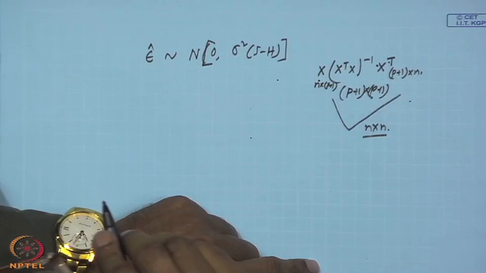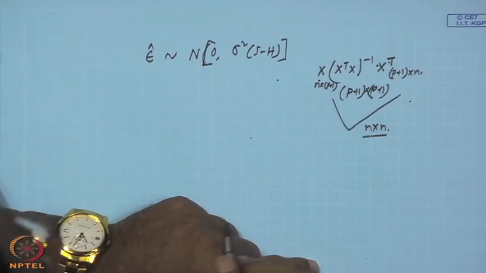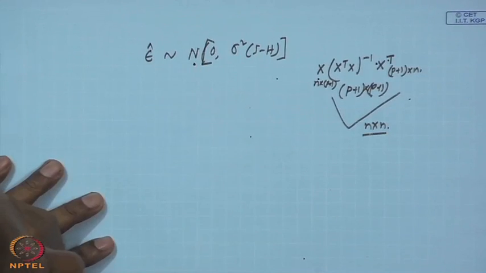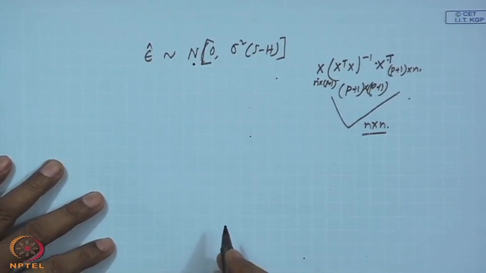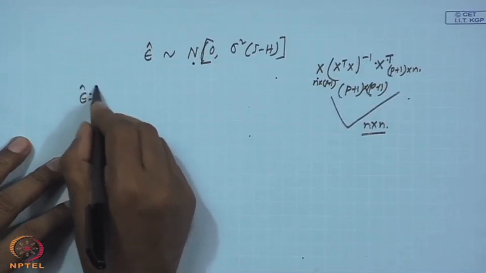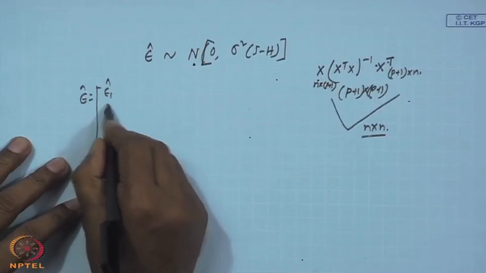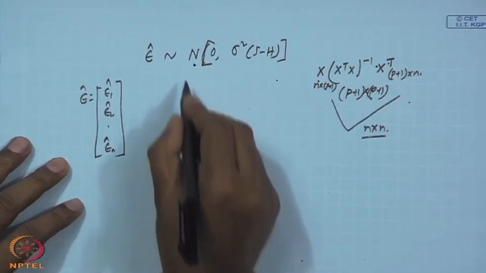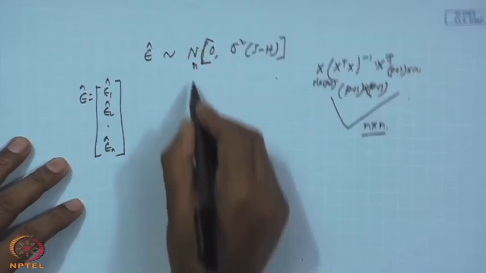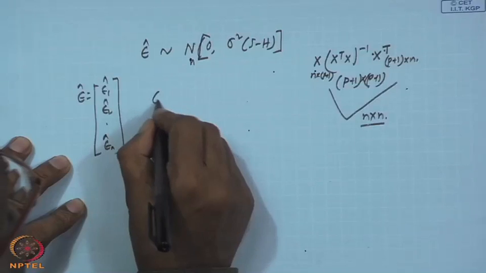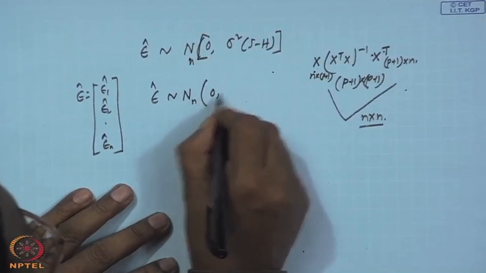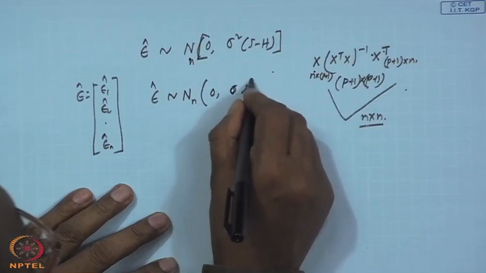N cross n. So, this is multivariate normal with n. You are getting epsilon 1 cap, epsilon 2 cap, like this up to epsilon n cap, all values. So, it is n. You can write this is multivariate normal with n, mean 0 and covariance sigma square (I minus H).